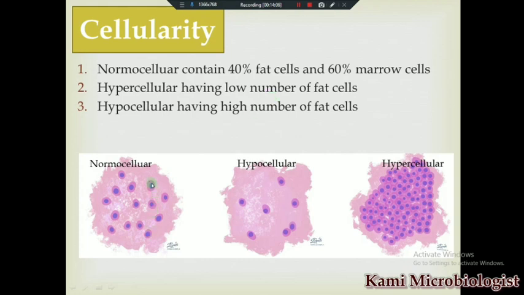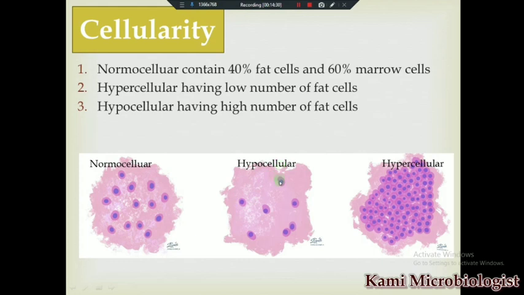Now under the microscope, this is not the real picture, but under the microscope you will see a picture like that. This is normocellular. If you see the cells per field like this, this means that this is normocellular. Now if you see the cell condition per field like that, it means that this is hypocellular. What does it mean?